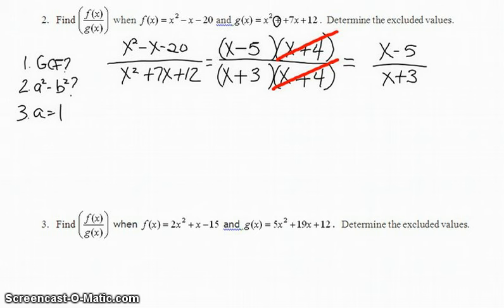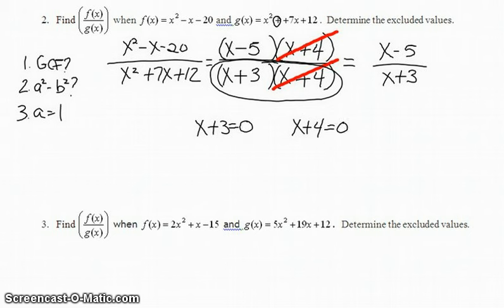Now, I need to determine my excluded values. So I need to work with my entire original denominator. And what we do here is we take each binomial, x plus 3 and x plus 4, set each of them to 0, and solve.